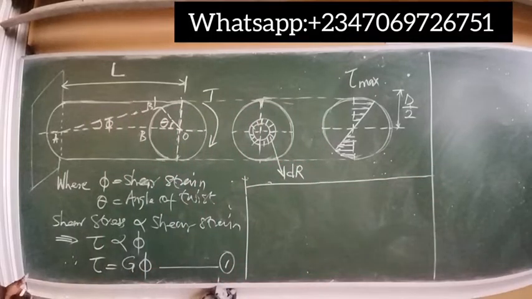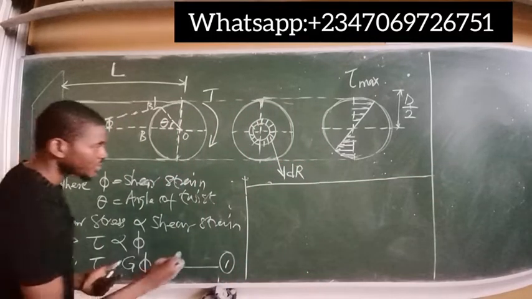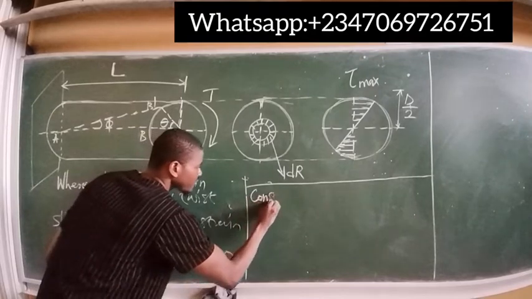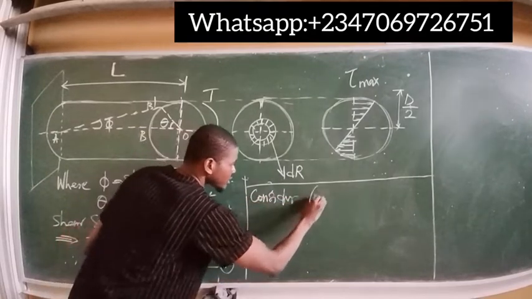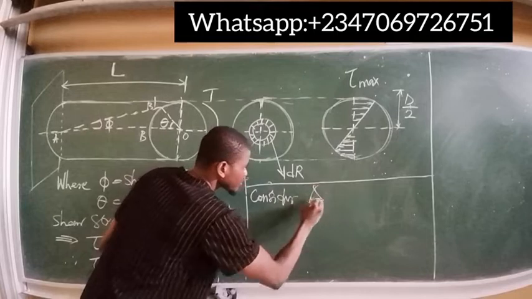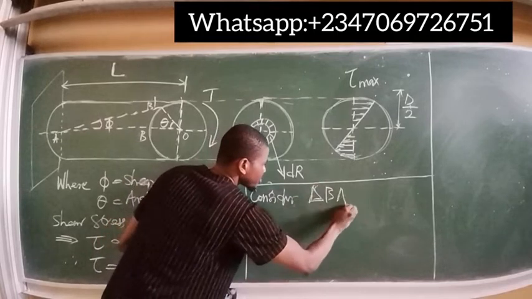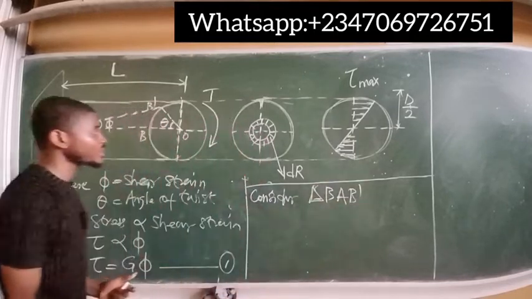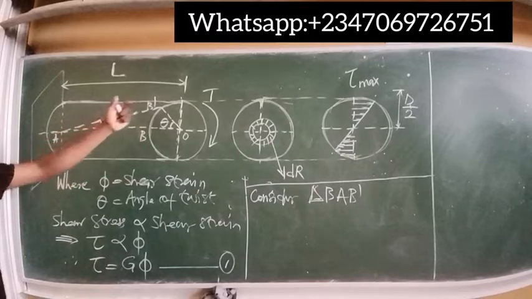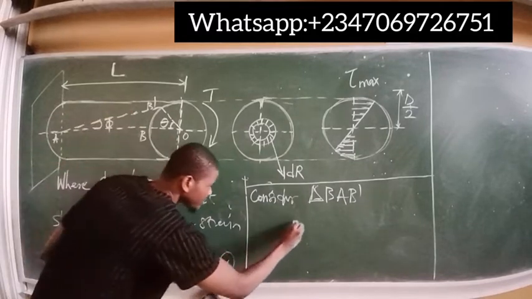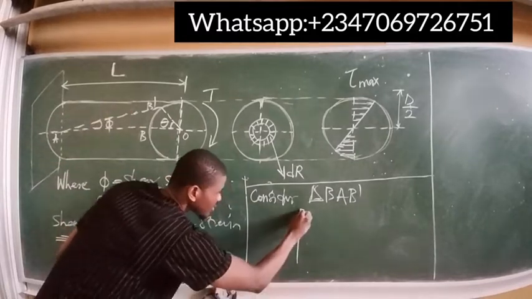All right, so let's consider triangle BAB prime. If we have that, we simply have something like this.